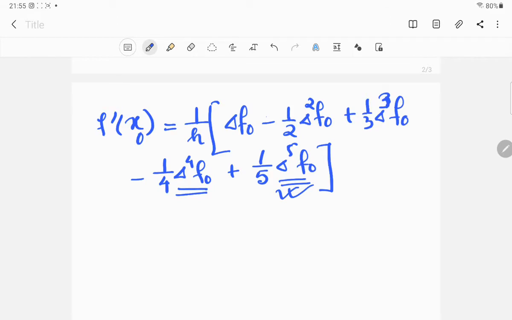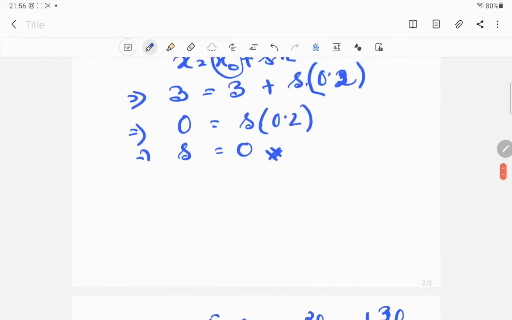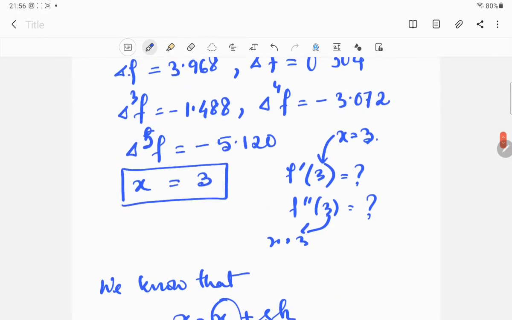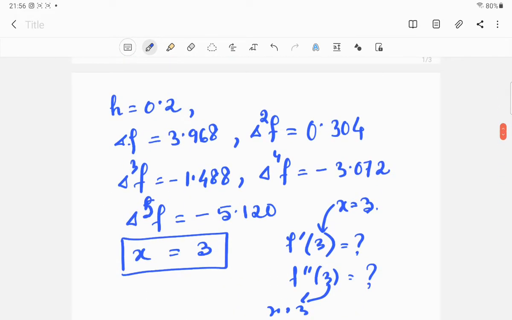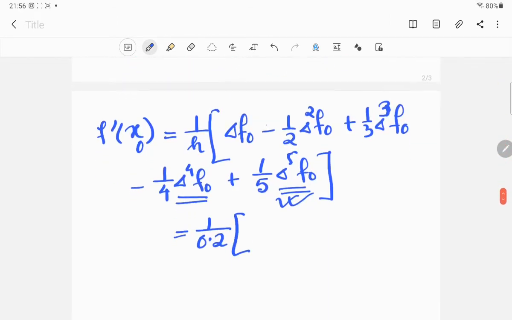So if you put all the values, 1 by h means 0.2. What is the value of del f naught? You already got the value of del f naught, it is the same thing, don't worry about that. So del f naught is 3.968.